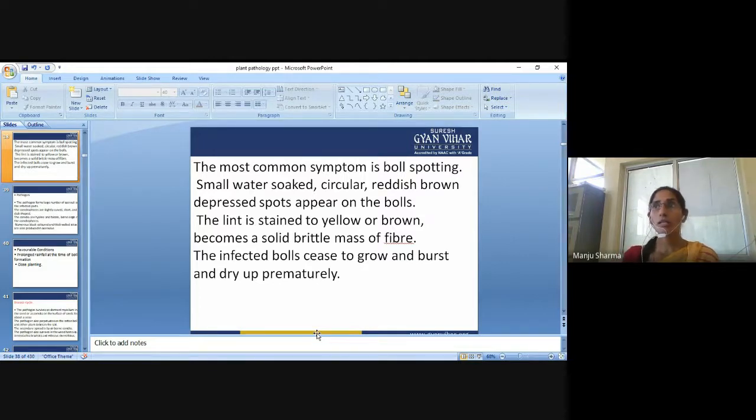So the main symptom is shown on the bolls of cotton, and due to these spots the infected bolls burst prematurely or dry, so automatically the yield of the cotton will be less.